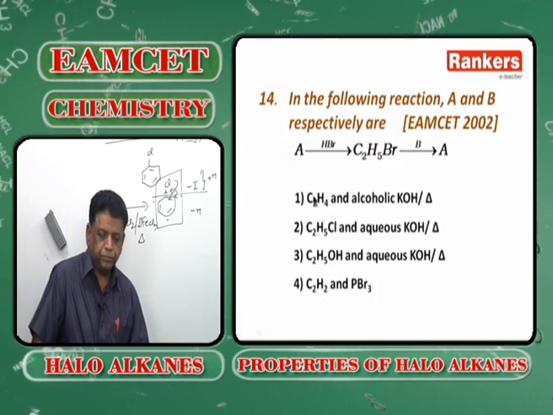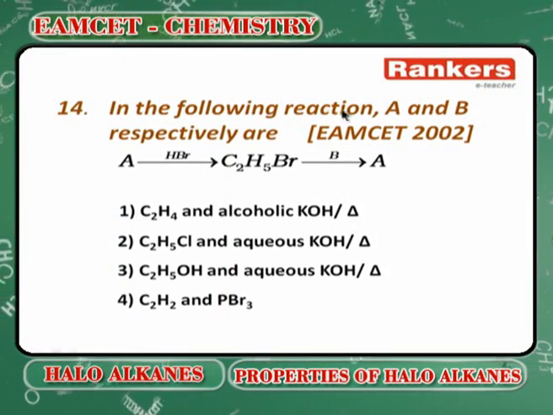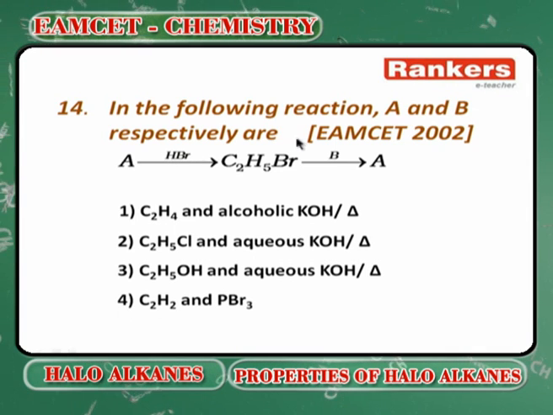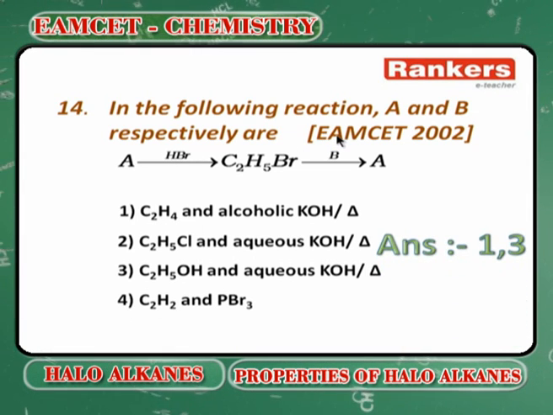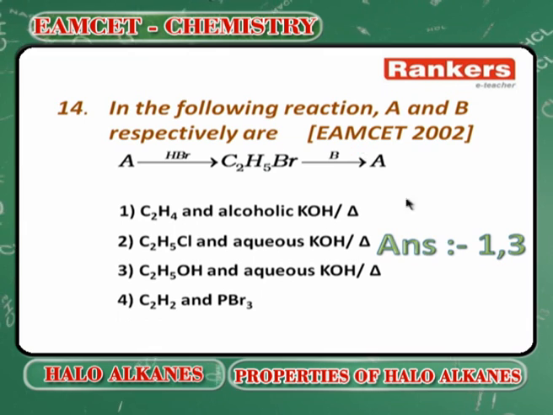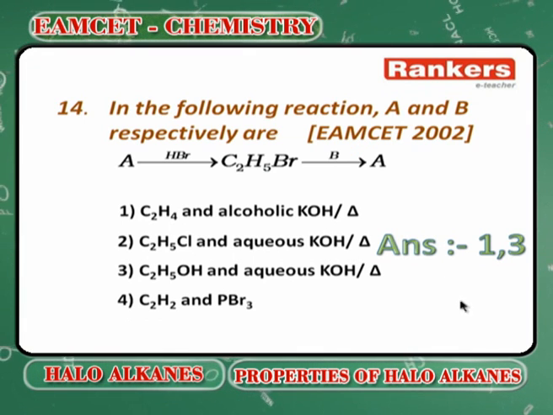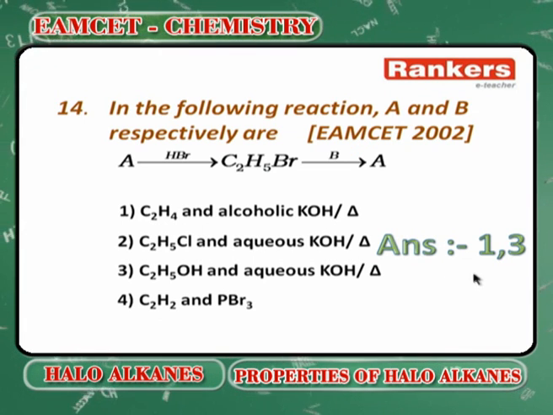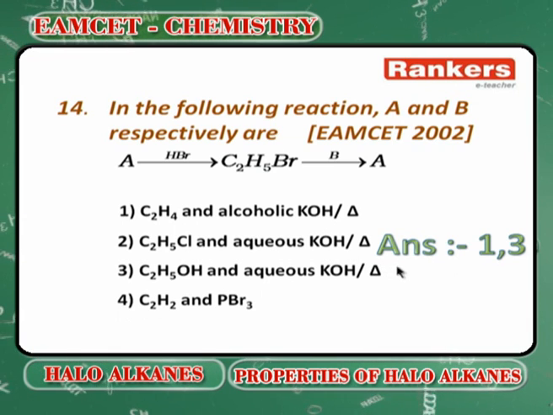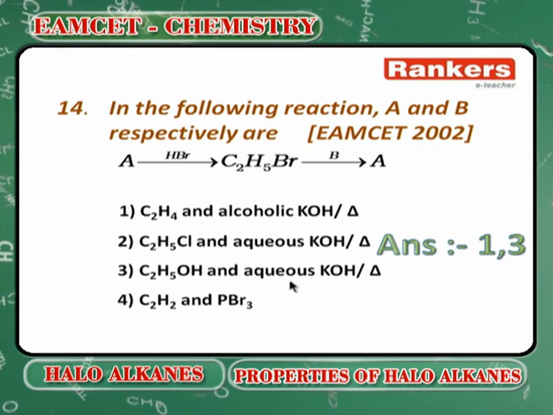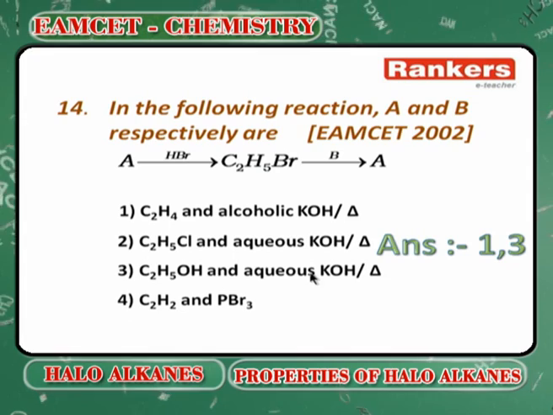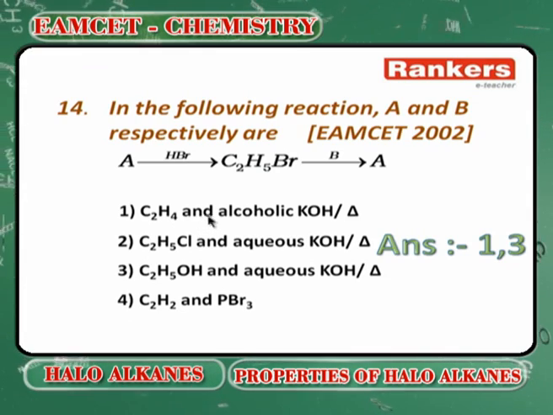Next. In the following reaction, A and B respectively are. So, A with HBr, ethyl bromide is formed. Probably HBr was added, so A must be alkene. Or even it can be alcohol also, substitution reaction gives the ethyl bromide. So, A can be alkene or ethyl alcohol.